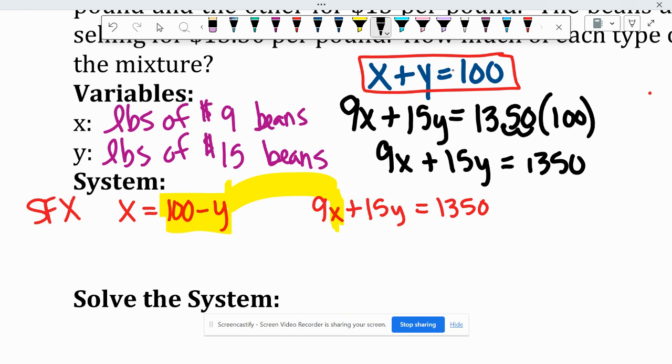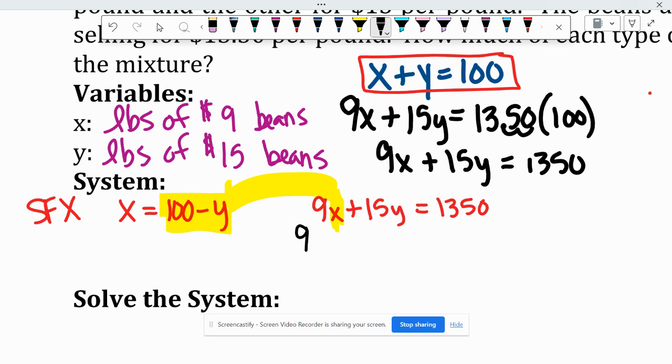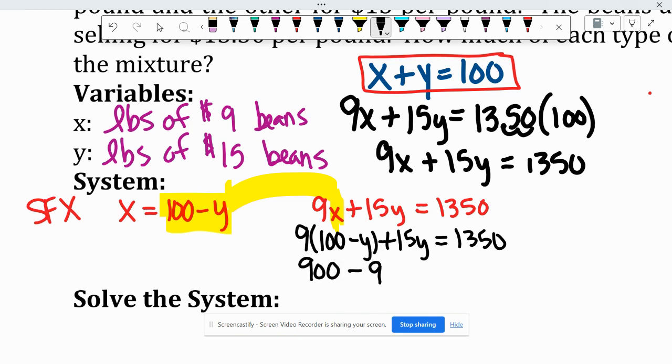That looks like 9 times (100 minus Y) plus 15Y equals 1,350. Well, 9 times 100 is 900. 9 times negative Y is negative 9Y, plus 15Y equals 1,350.